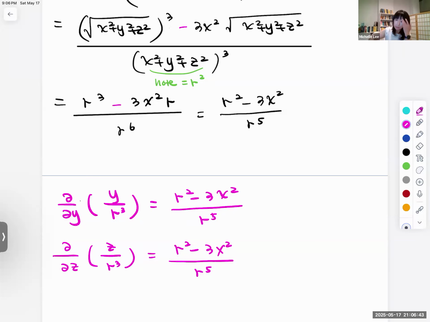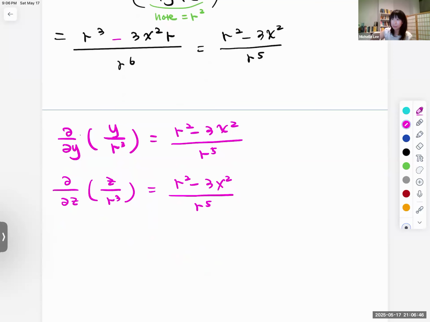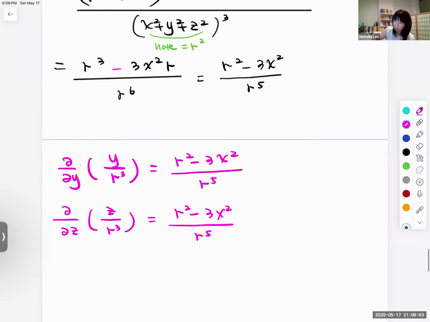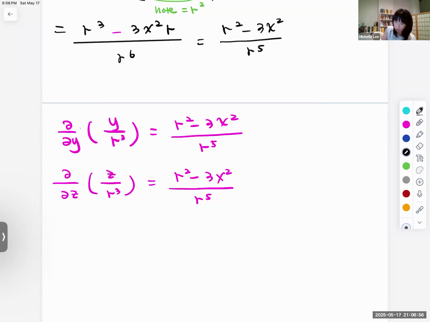Okay, now we add everything, right? So if we add everything, is that product there? No, right? So we have r squared minus 3x squared over r to the 5th power.